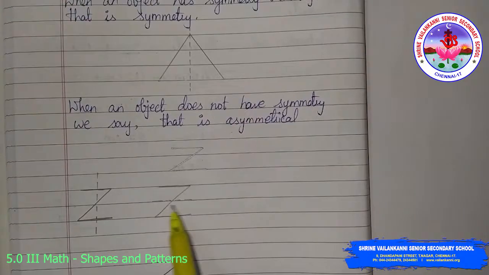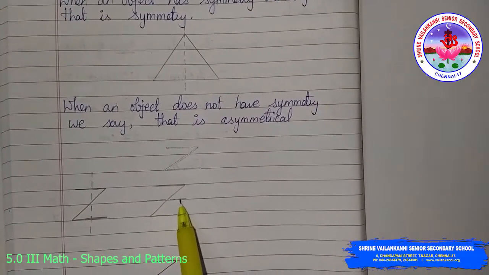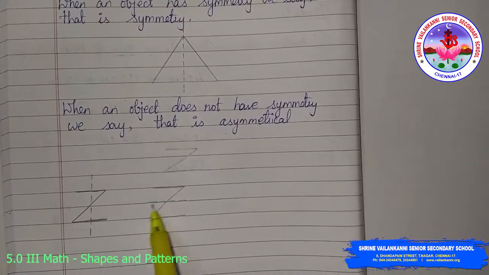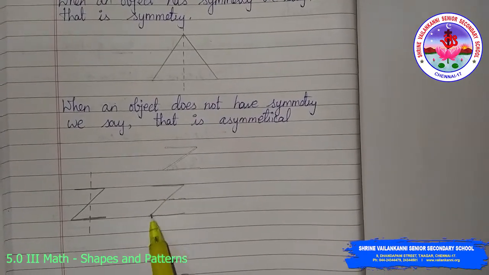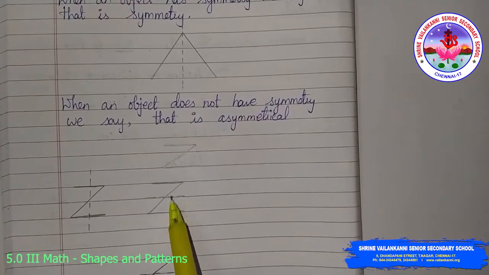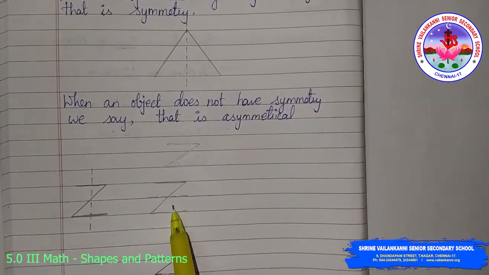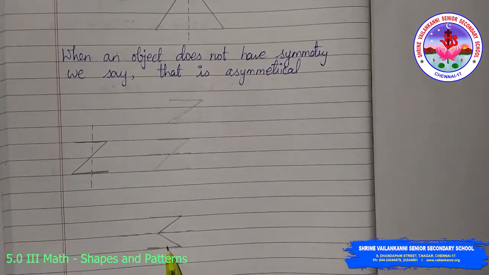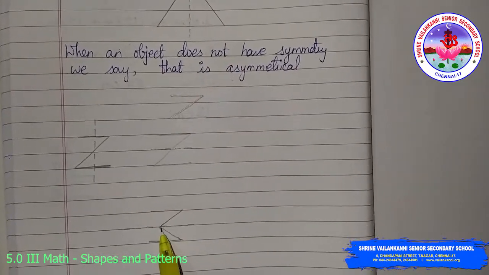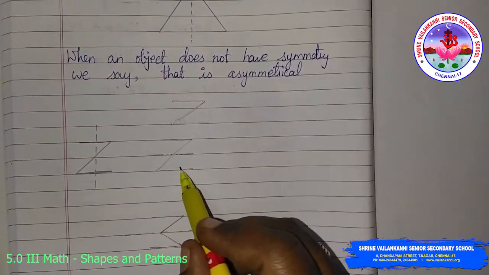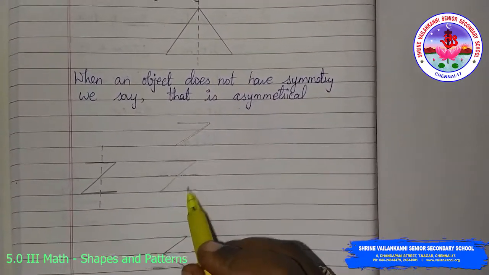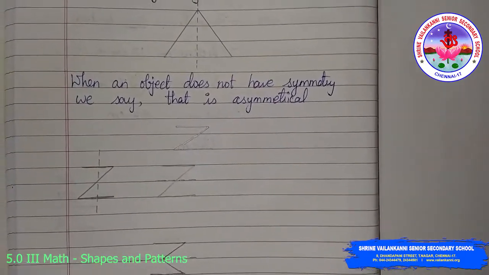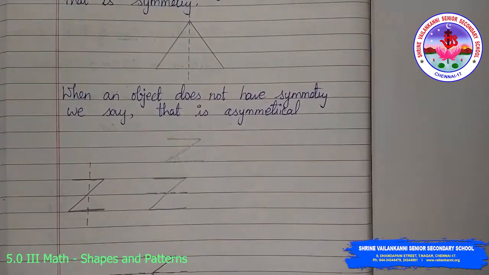No. Even if I draw a line in the center of the Z, is it showing the same image, a mirror image? No. If it were showing a mirror image, it should be like this. Is that the same? No. So this kind of object we call asymmetrical.